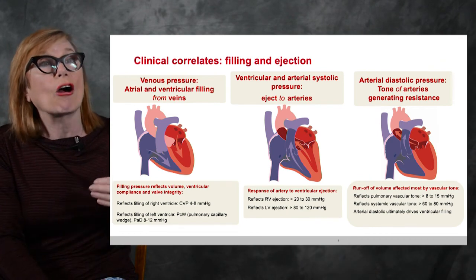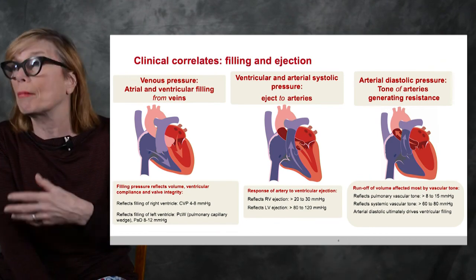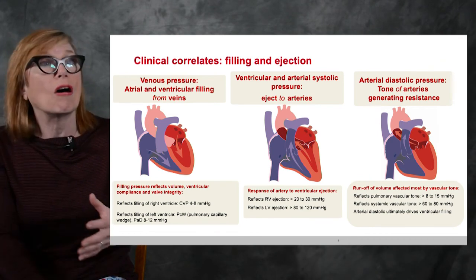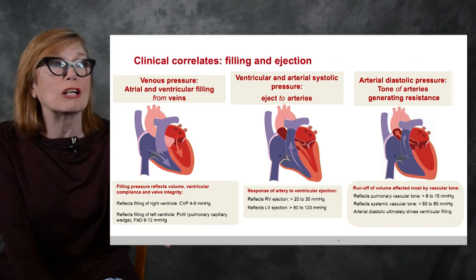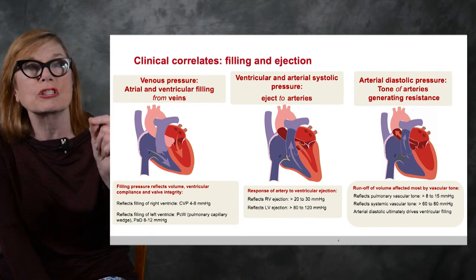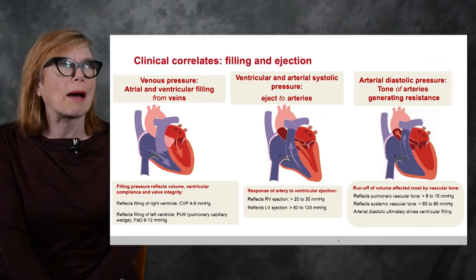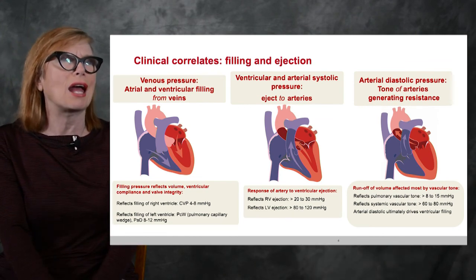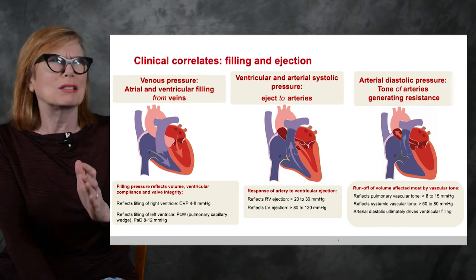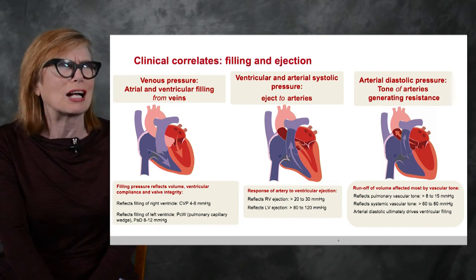So we look at arterial diastolic pressure as being a primary reflectant of the arterial tone, which is what generates your resistance and which is what promotes the blood flow dynamic through your capillaries, delivering oxygen and nutrients. It's really an incredible physiologic state.